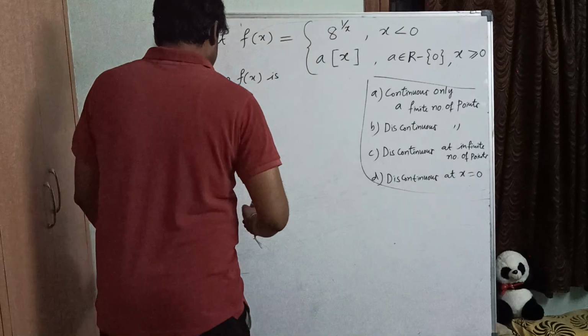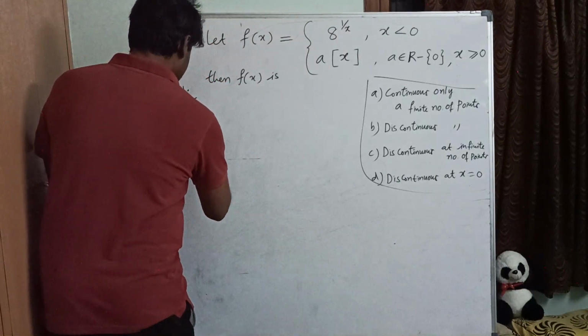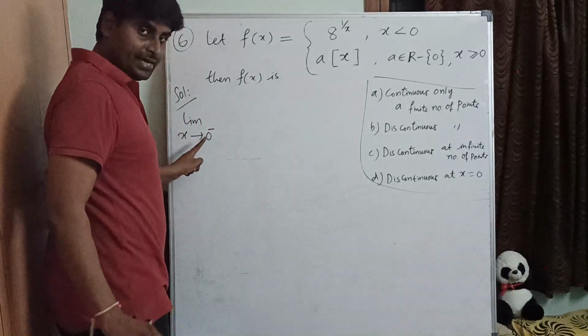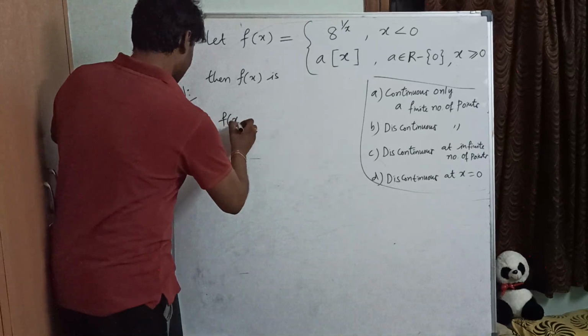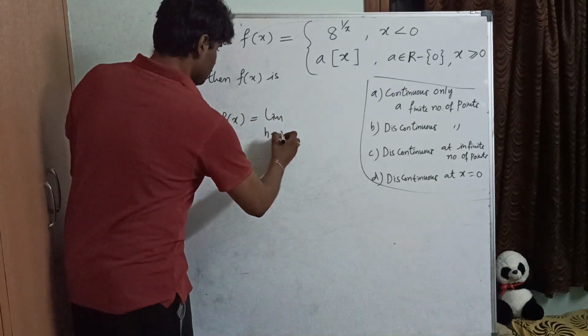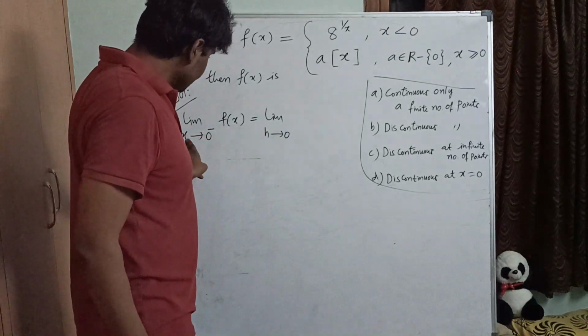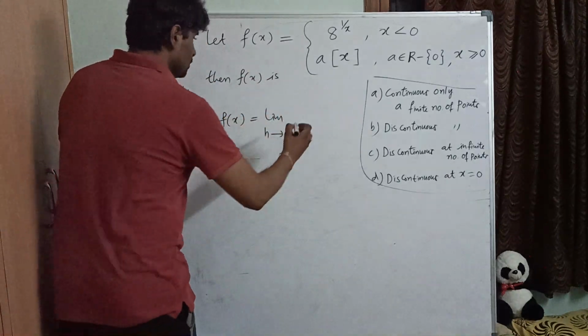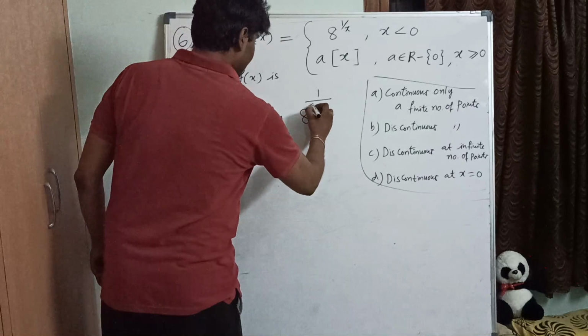Now limit x tends to 0 minus means I am finding LHL first. So limit h tends to 0 of f(0 minus h).